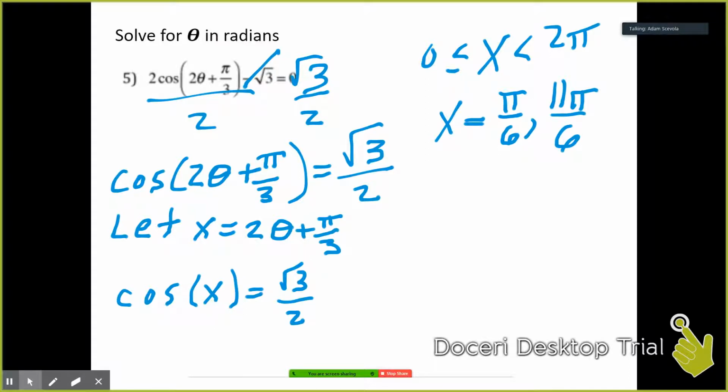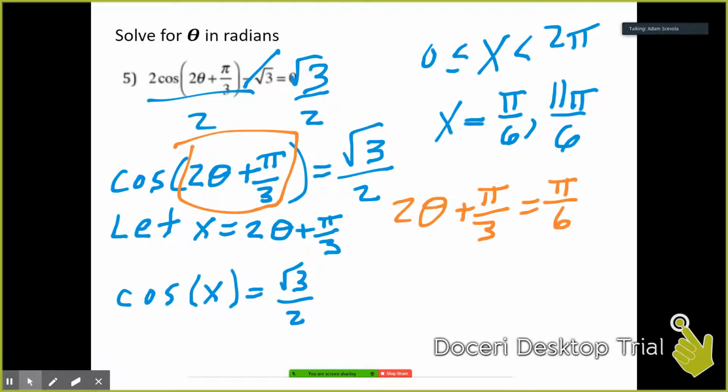All right, so now we know that in order for this to be true, 2 theta plus pi over 3 should equal pi over 6 or 11 pi over 6. All right, now that would be two of our answers, but there's really an infinite amount of answers.